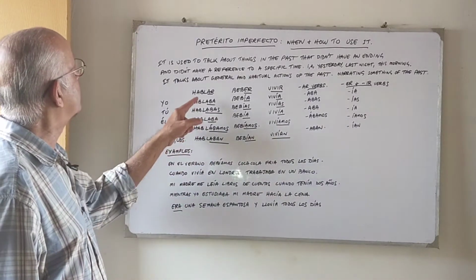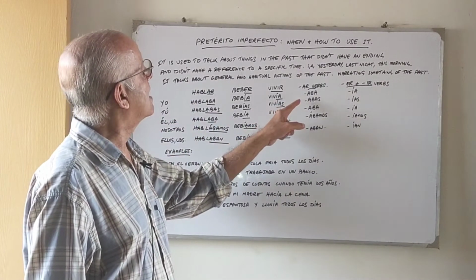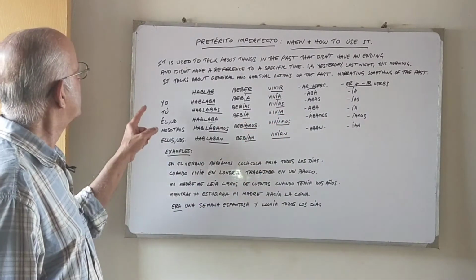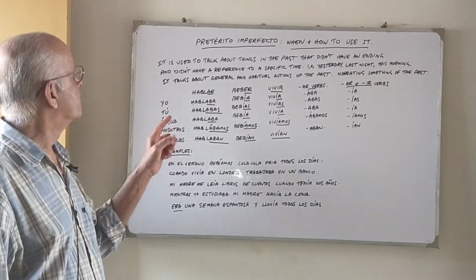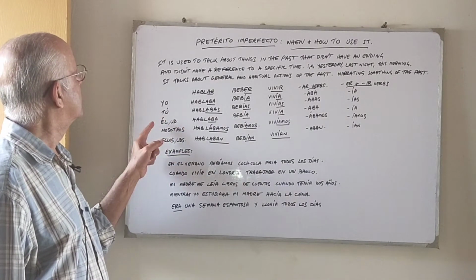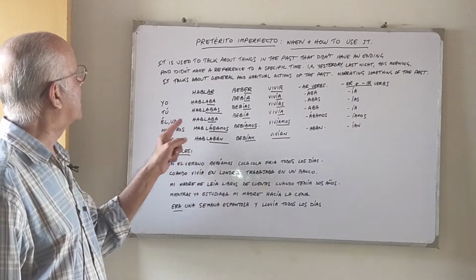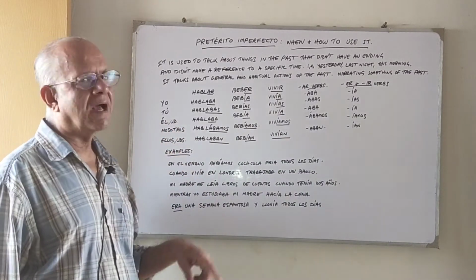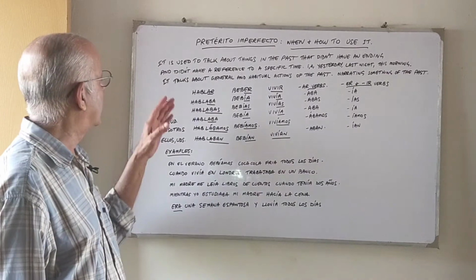So what do we add for AR verbs? Aba, abas, aba, ábamos and aban. So yo hablaba, tú hablabas, él hablaba, usted hablaba, nosotros hablábamos, ellos hablaban, ustedes hablaban.